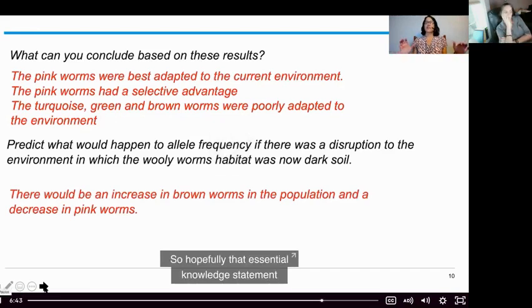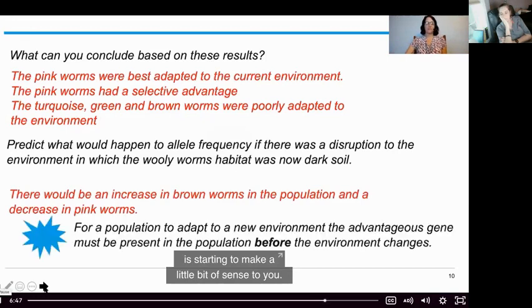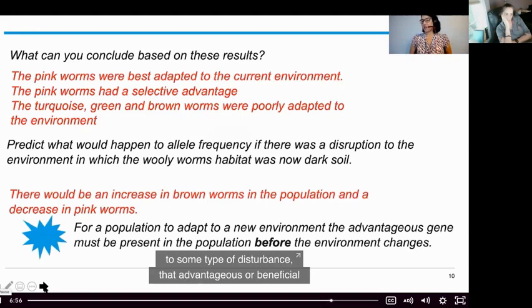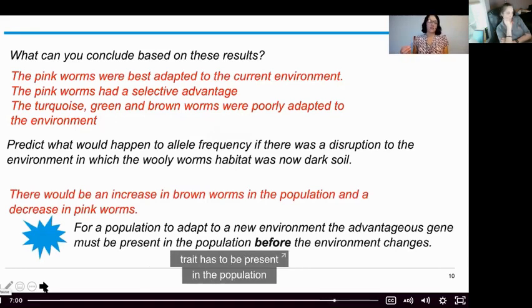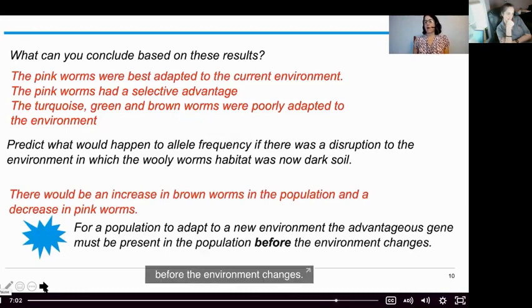So hopefully that essential knowledge statement is starting to make a little bit of sense to you. A really key takeaway from this is that in order for a population to adapt to a new environment, to some type of disturbance, that advantageous or beneficial trait has to be present in the population before the environment changes.